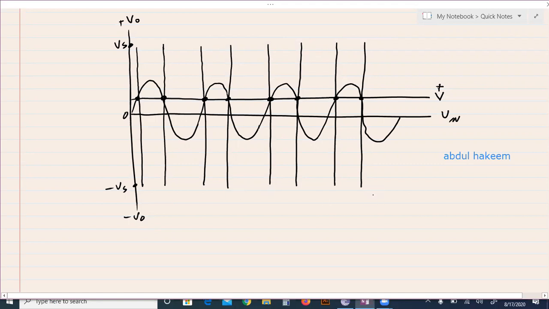Now, for this small portion, look, the non-inverting is greater than inverting, so the output is positive. So we'll join here positive, then this negative output, this positive output, this negative output, this positive, this negative, positive, negative. So this is the graph. One input is DC and the other is AC.